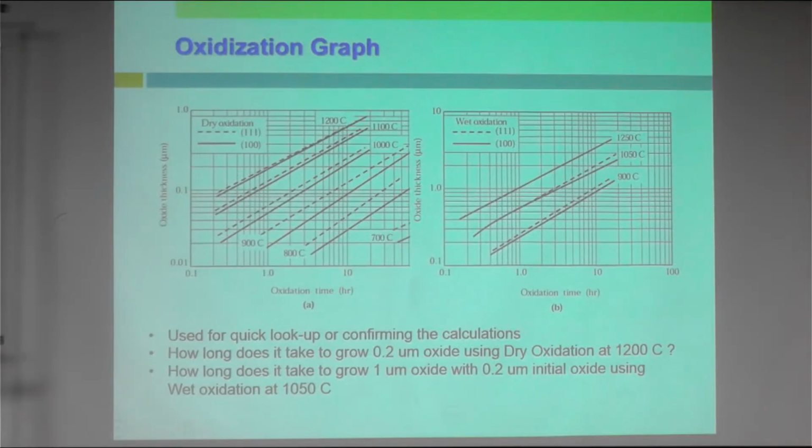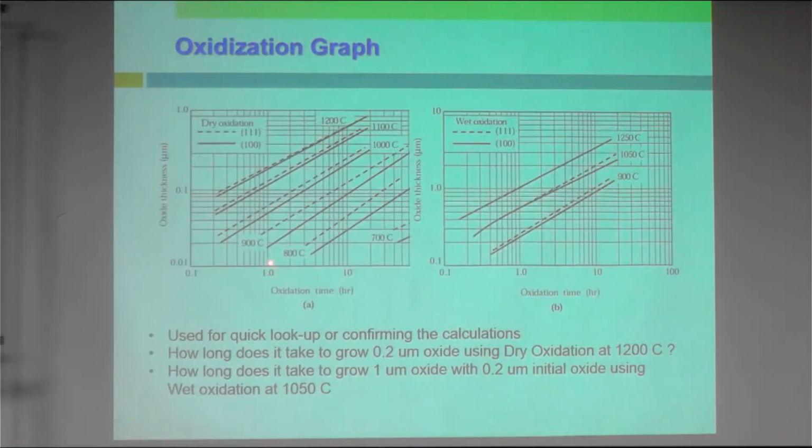This is for dry oxidation, and this is wet oxidation basically. So for wet, for 10 hours, you can get a thickness of 1 micrometer, almost the same time.